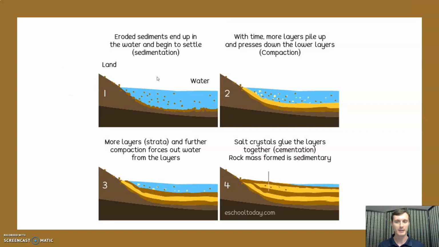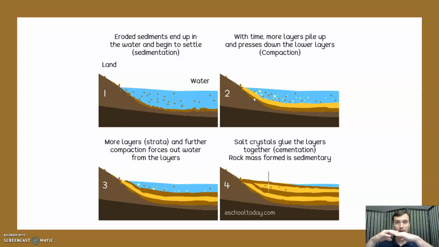So you might imagine our mountain is right here, and there are these pieces constantly falling off the mountain and down the river all the way down here into the ditch filled with water. You might call this the coastline. And these eroded sediments start to pile up in layers. We might get slightly different sediments depending on the time of year and which part of the mountain we're breaking down here. We have layer after layer after layer pile up.